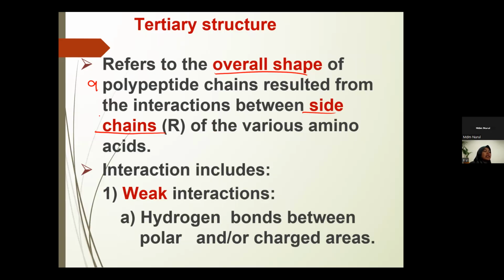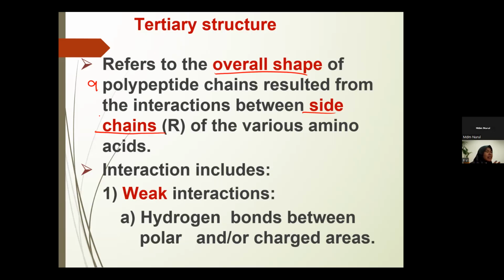Okay, so tertiary structure merujuk kepada bentuk keseluruhan rantaian polypeptide. Yang mana bentuk keseluruhan ini disebabkan oleh interaksi yang berlaku sesama R group. Understand? Interaksi sesama R group of various amino acid.